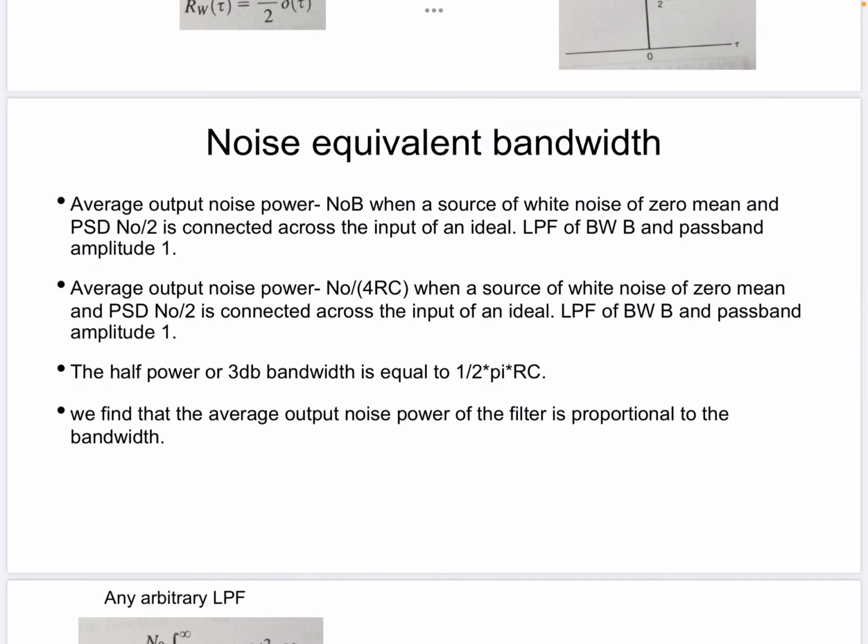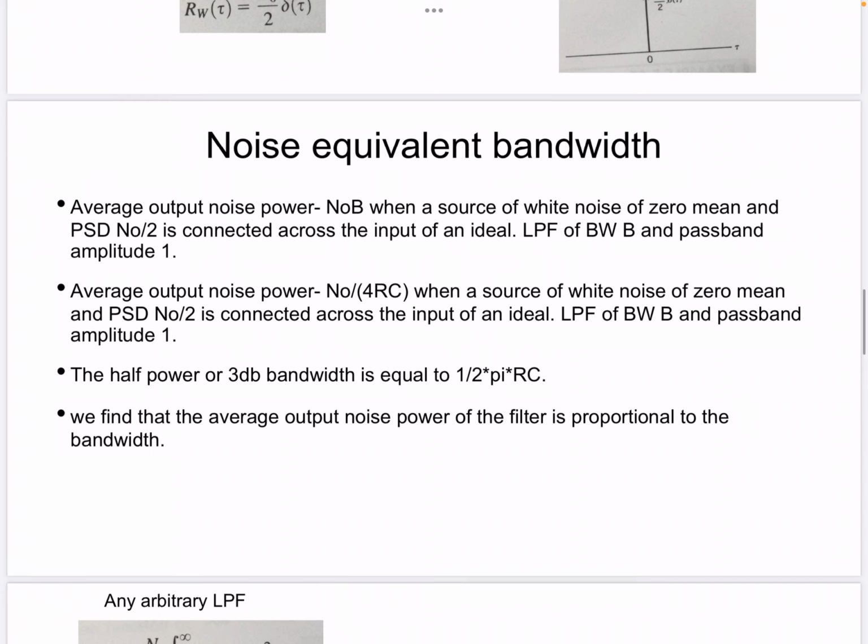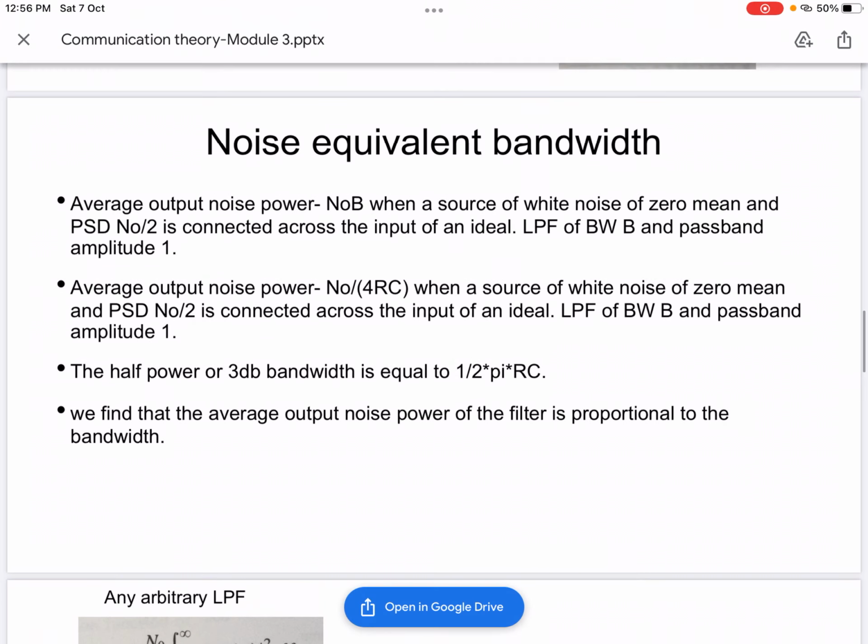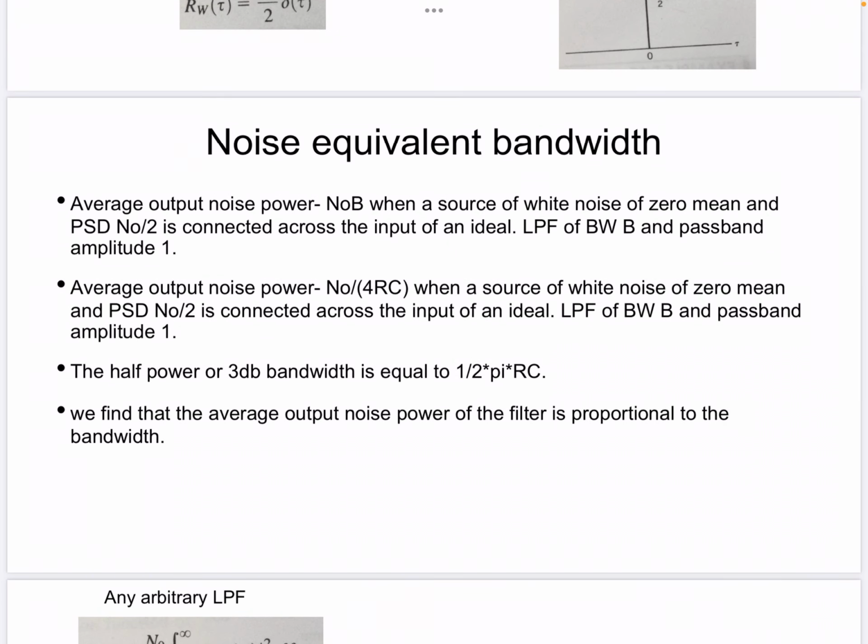Suppose that we have a source of white noise of 0 mean and power spectral density of N0 by 2 connected to the input of an arbitrary low pass filter of transfer function H of f.